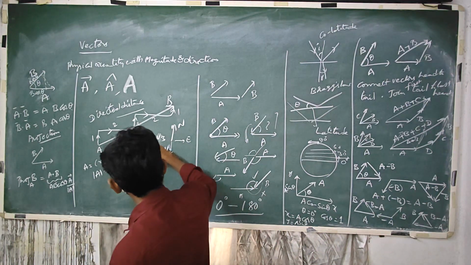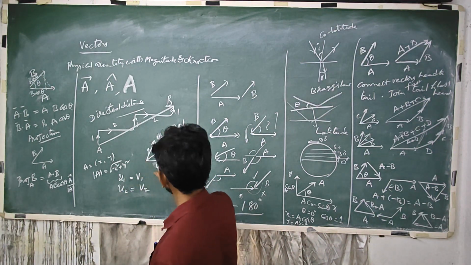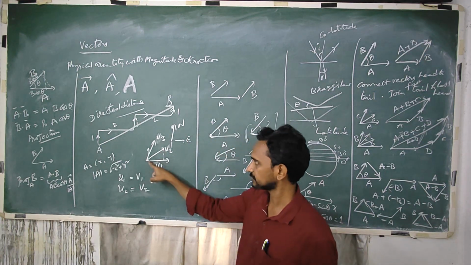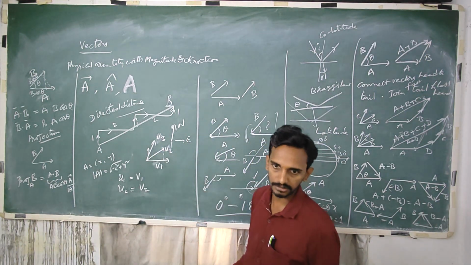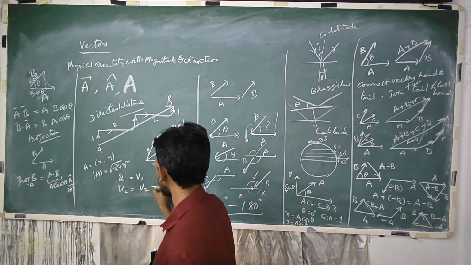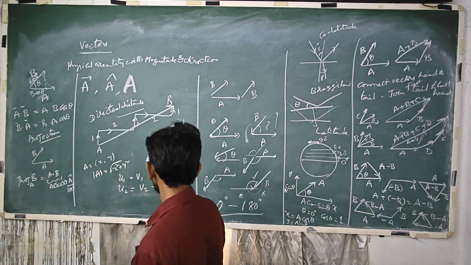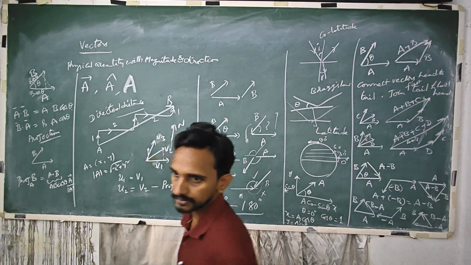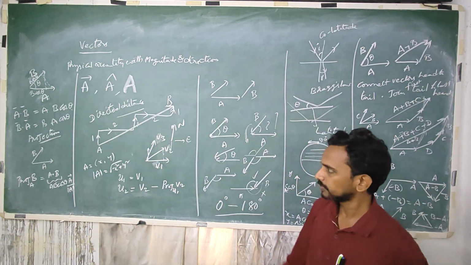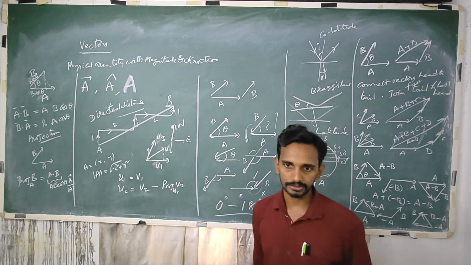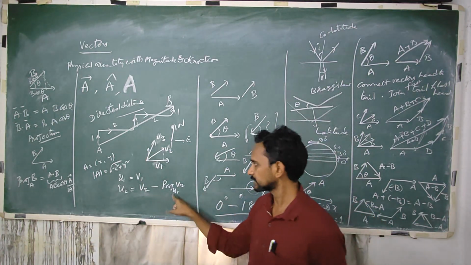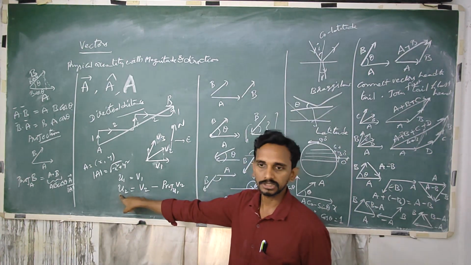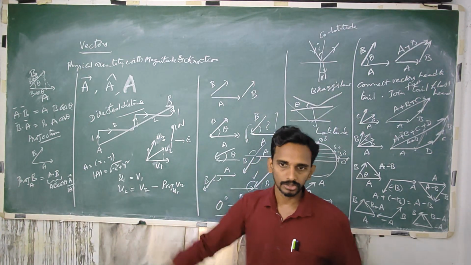I will be left with only the perpendicular component. So the resultant vector, v2 minus the projection of v2 on u1, is now perpendicular to u1.